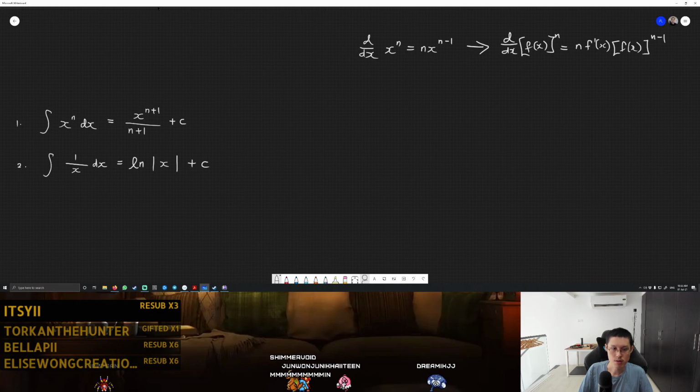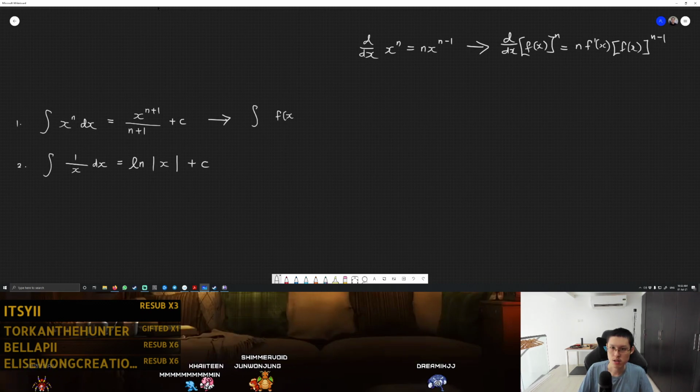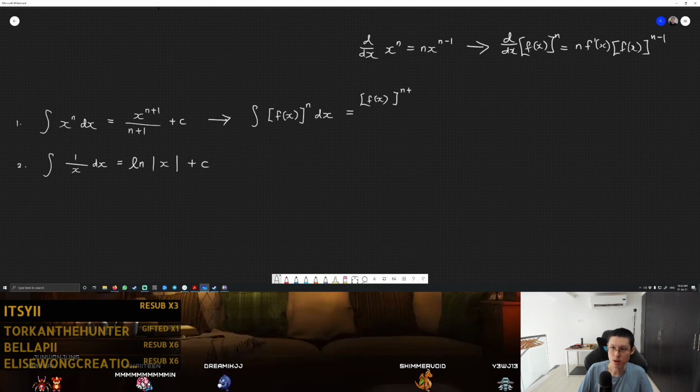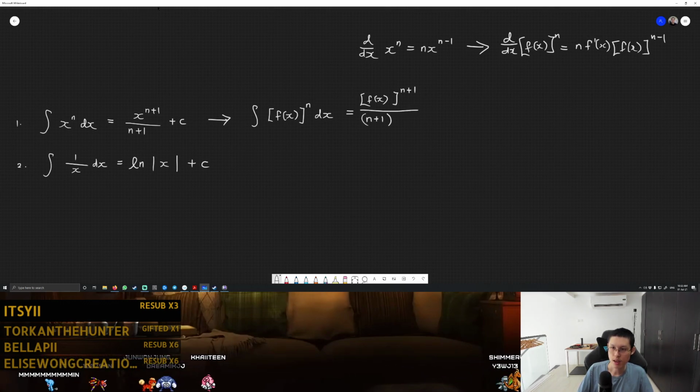Right. So for this one here, if you integrate some function to some power of n, you get the same function, you increase the power by 1, you divide by that increased power, and then you divide by the derivative of the function, plus c.